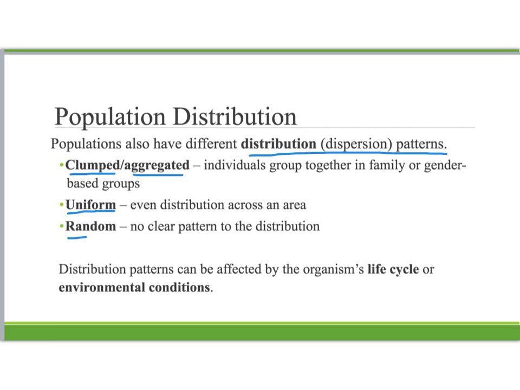And then there's the random distribution where you've got no particular pattern. You can't really tie the way that the organisms are distributed down to anything in particular. So these different distribution patterns can be affected by where the organism is in its life cycle and what the environmental conditions are that are affecting how that organism wants to or has to survive.